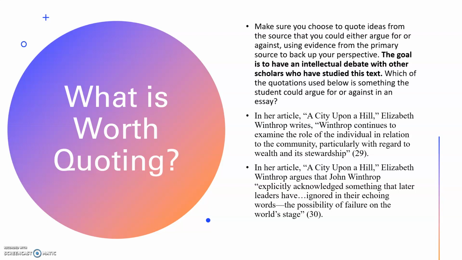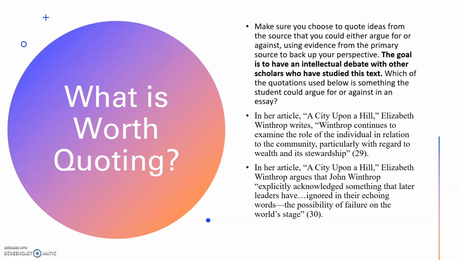So the second quotation has the word argues to introduce it, so that kind of gives you a hint that I have found something that the writer of the secondary source, Elizabeth Winthrop, has written that makes her own assertion.